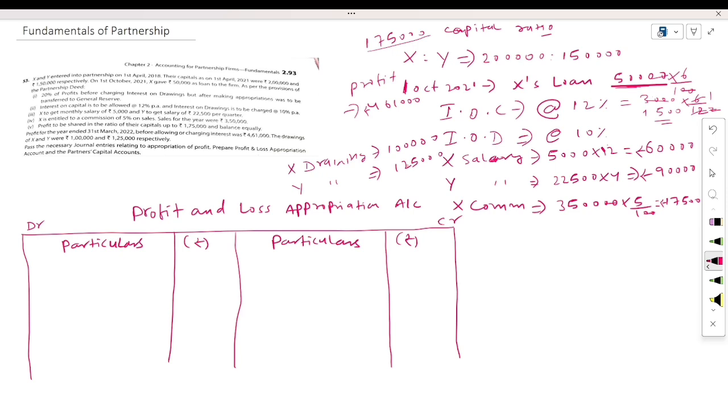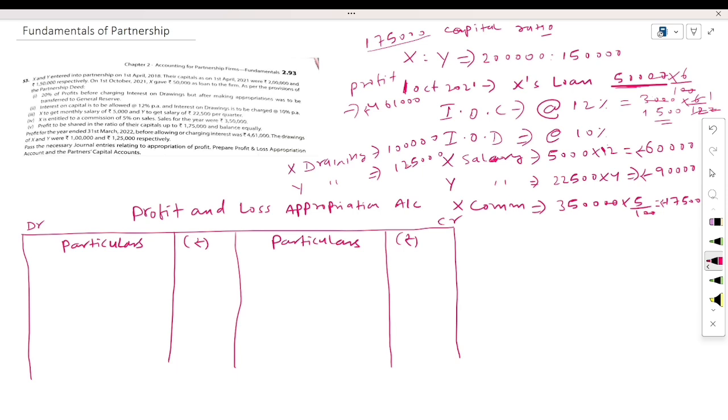As we have discussed earlier, in the profit and loss appropriation account, we will transfer the net profit after debiting the loan interest. It means we will have to debit this interest into the profit and loss account, not the profit and loss appropriation account.